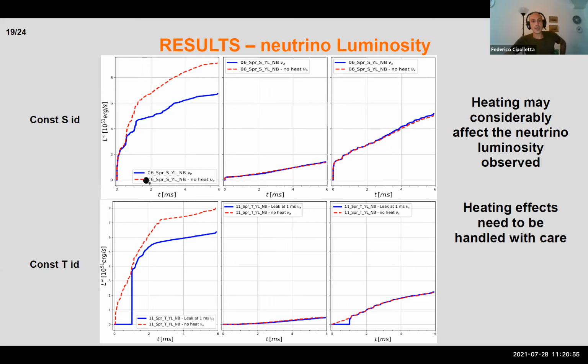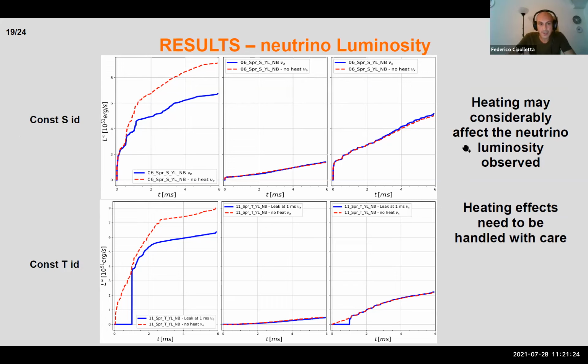As you can see, when you consider reabsorption, when you not, sorry, it is the opposite. So red is without heating and blue is with heating. So when you don't consider heating, you have higher values of luminosity, but this is intuitive in the sense that the neutrinos are reabsorbed, so they are not emitted.